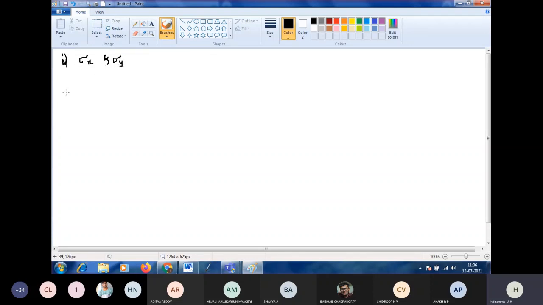I will go for the variance first: sigma x square I will find, then I will take the square root. Yesterday I gave the list of formulae. Sigma x square is the expectation of x square minus the expectation of x, whole square. Is it right?